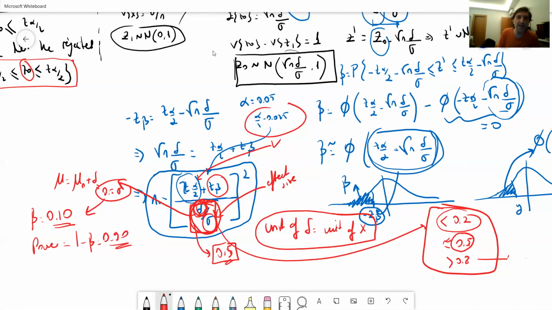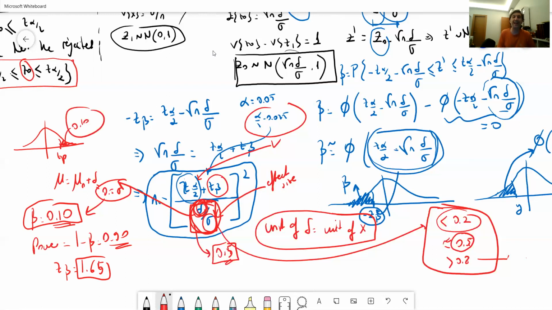Therefore beta is equal to 0.10. So we find that Z beta is going to be equal to 1.64 or 65, if I recall correctly, because it is the value where this right-hand side area is going to be equal to 0.10. So what we do is we add those two values and divide by the sample size.